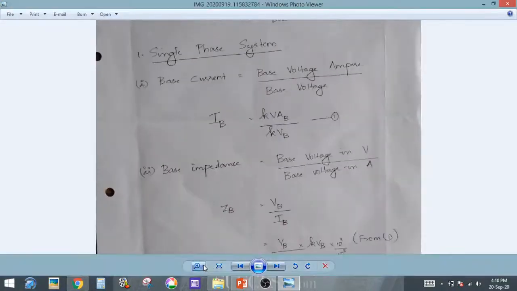Again, consider the case of a single phase system. For a single phase system, base current equals base volt ampere divided by base voltage.